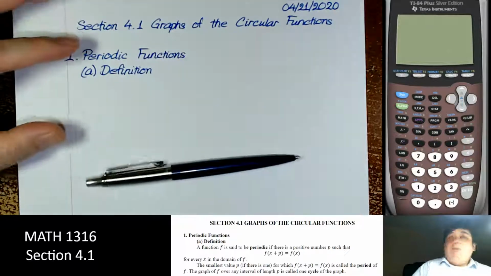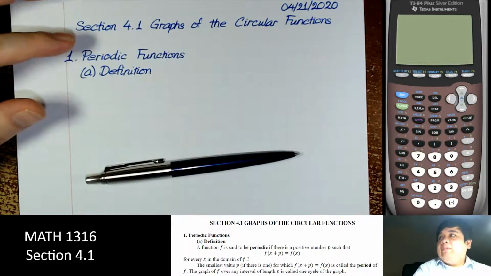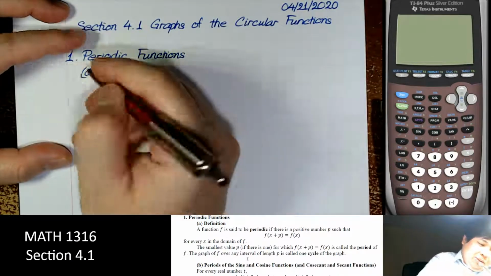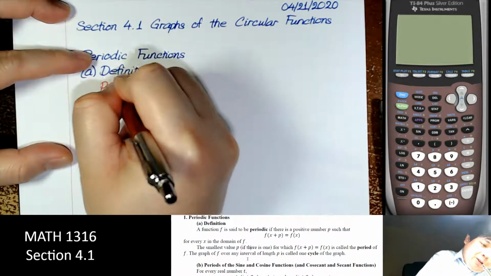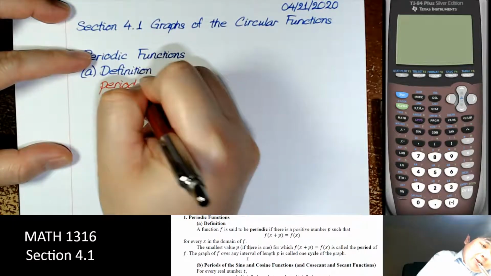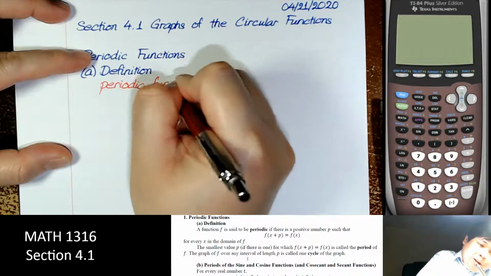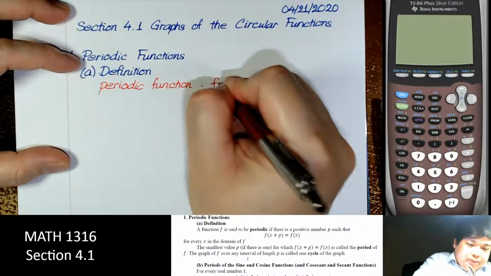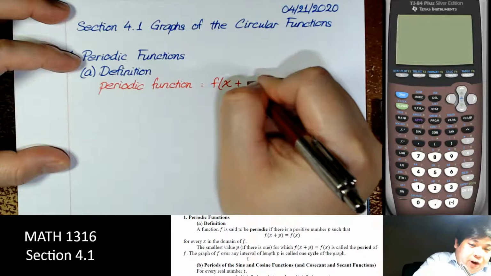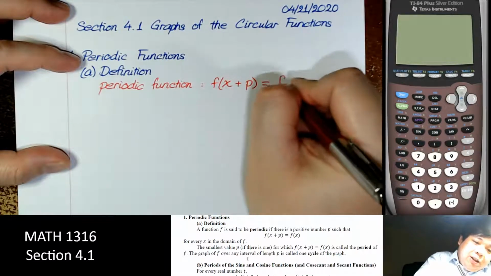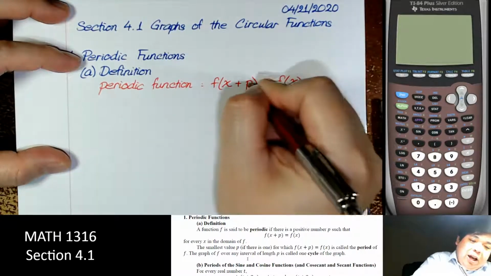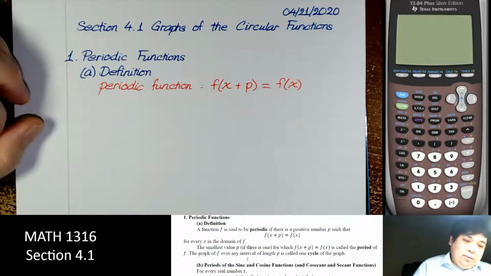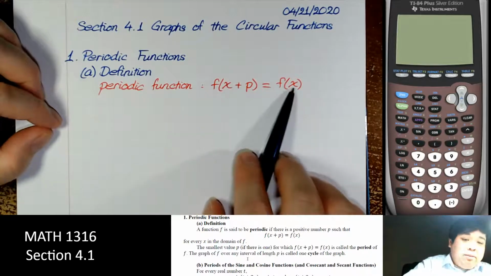Right. So I'm not going to write down everything. A periodic function is defined to be a function whose values will be repeated after some period p. That means the y values will be the same.